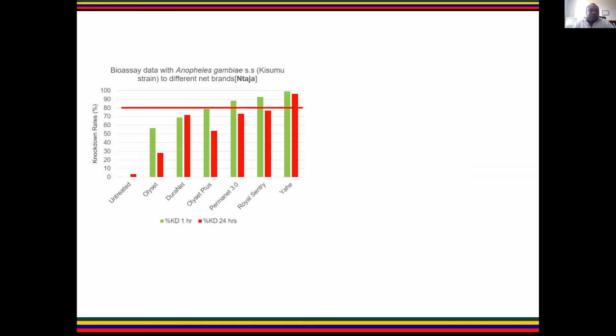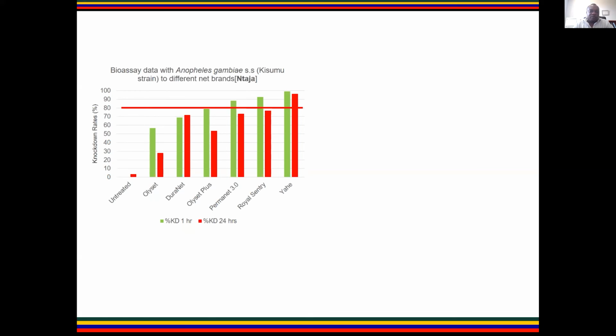In terms of looking at the different bed net types that were in the community, first from the Ntaja site where we had PBO bed nets distributed. Just to highlight that when this was being done, this was about 2.5 years post nationwide campaign distribution of bed nets.